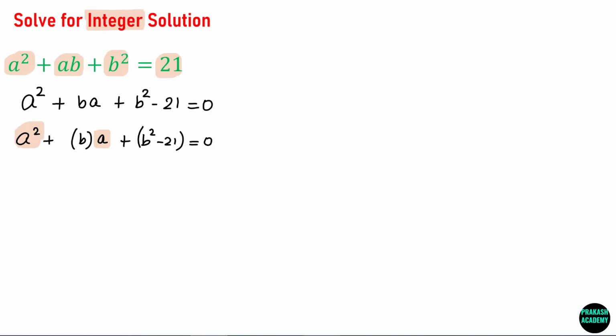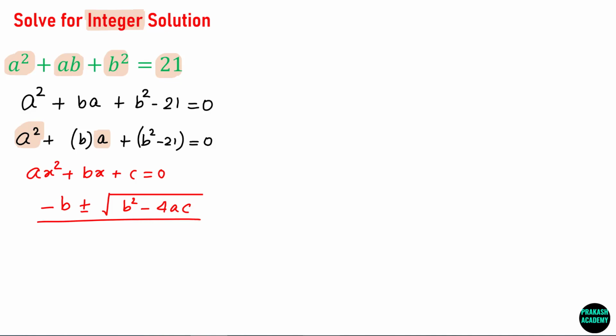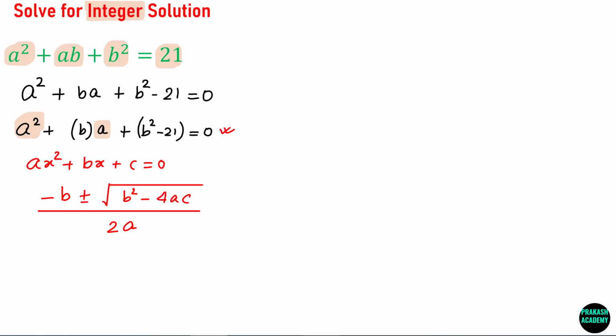If you have a quadratic equation, something like ax square plus bx plus c is equal to 0, the solution of this equation is given by this term: minus b plus minus the square root of b square minus 4ac, all divided by 2a. So if I use this formula, I can find the solution of this equation. So let us find.